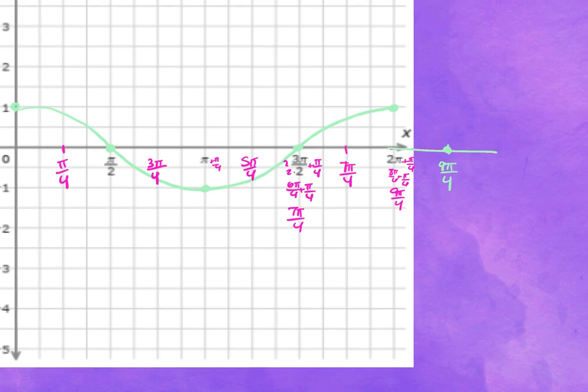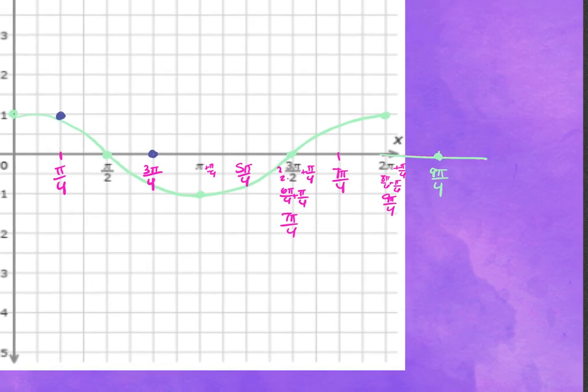So instead of it starting at 0, it's starting at pi over 4. And then it's going to come down through 3 pi over 4, come down to 5 pi over 4, come back up at 7 pi over 4, and finish off at 9 pi over 4.